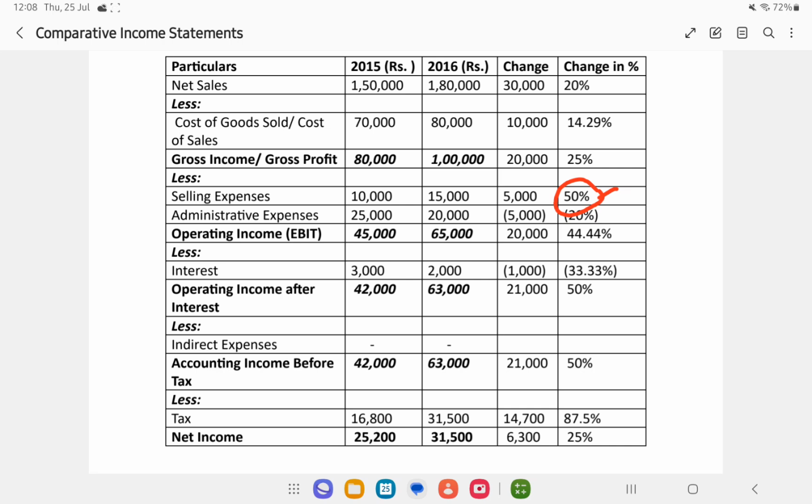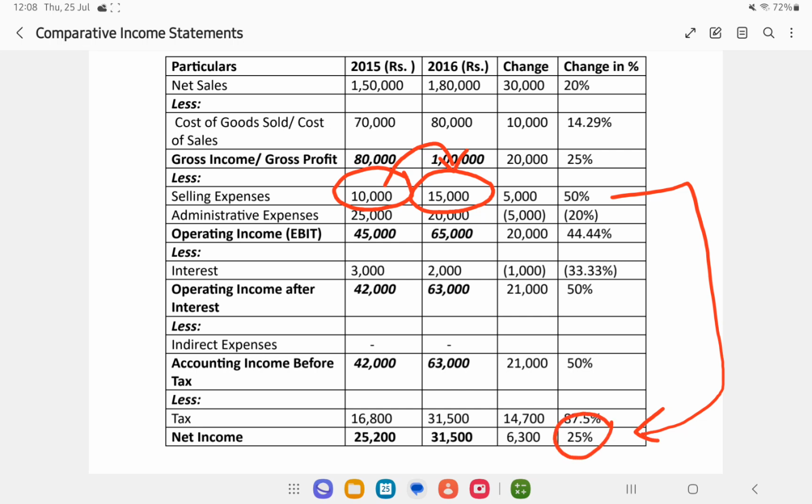We have paid 50% more than what we did in 2050. We just spent 10,000 for our selling expense in 2050, and in 2060, 15,000. That means half more we have added to it, but that has not made any sort of loss in our net income, that has just increased our net income.